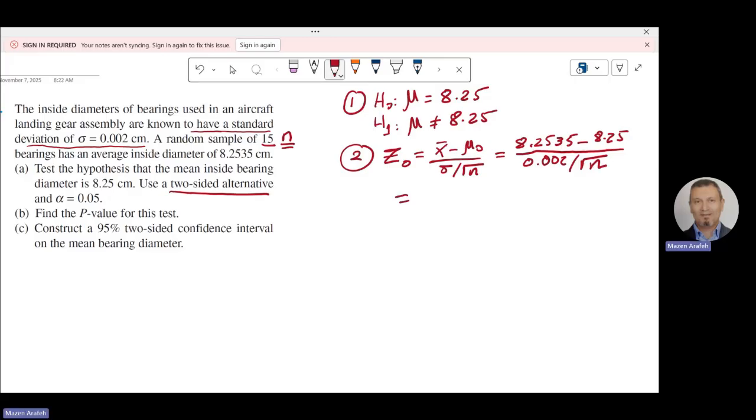This is equal to 6.777. Since we are using the table, we approximate it to 6.78.